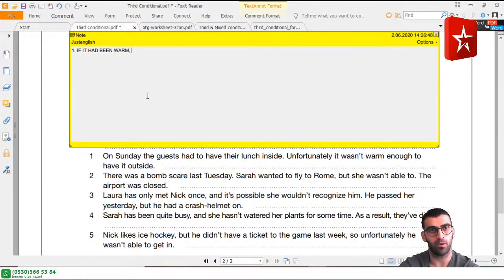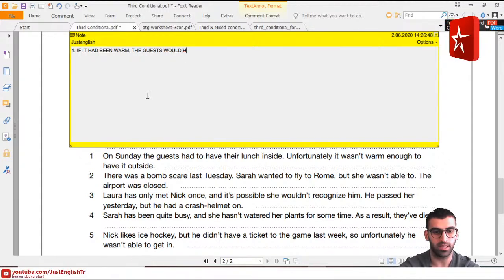If it had been warm, the guests, and we have to use would in the main clause and have, like the guests would have had their lunch outside.